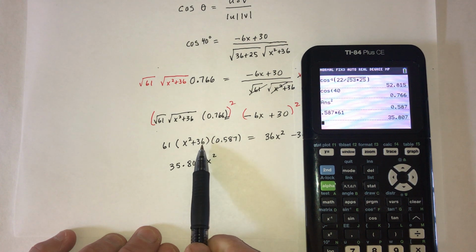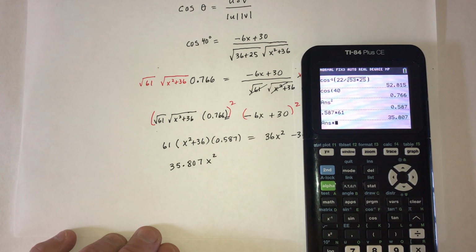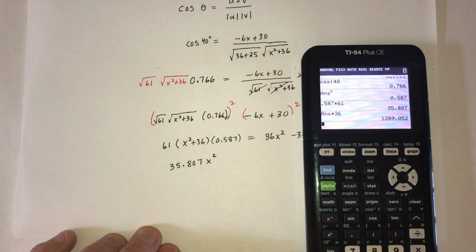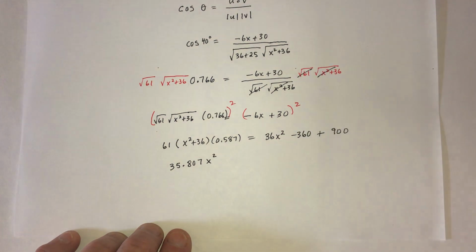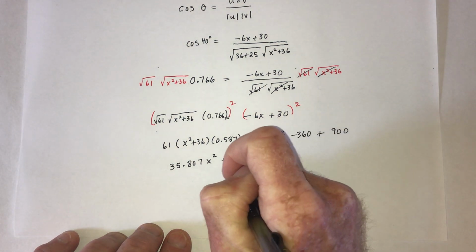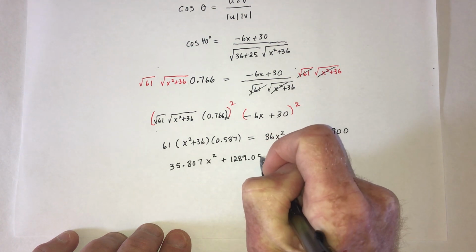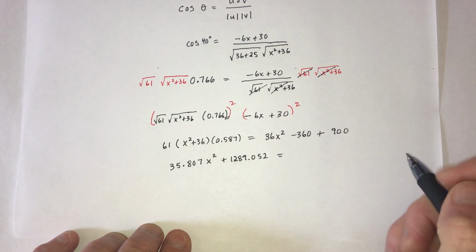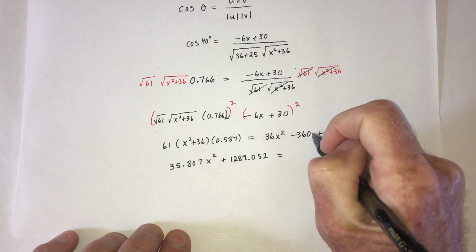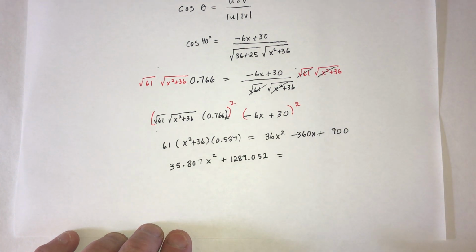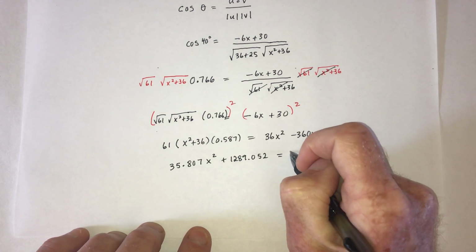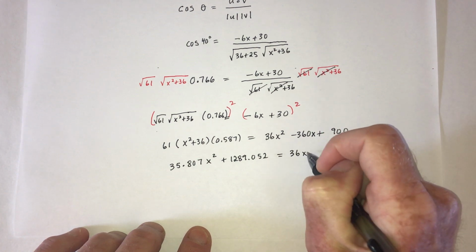And then I would also need to multiply it with this 36 times 36. So that's a 1289.052. So plus a 1289.052. Right here, I said the x, but I forgot to write it. Okay, so the right side is not going to change for this step.